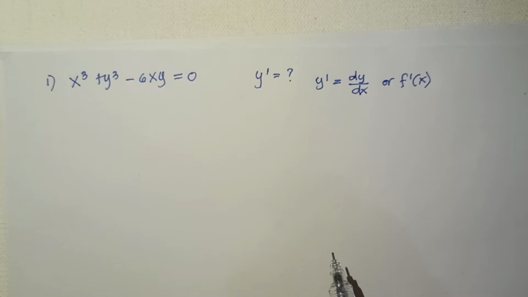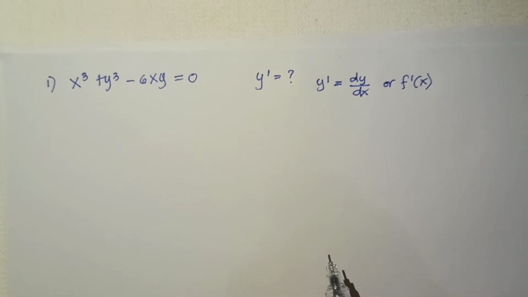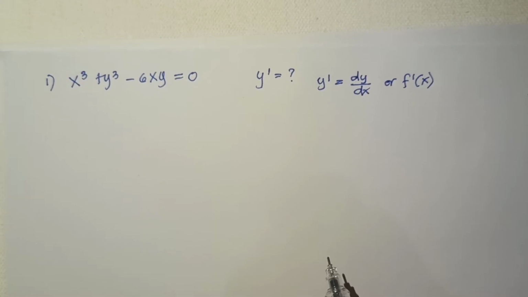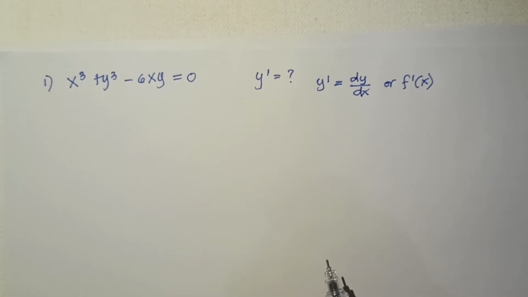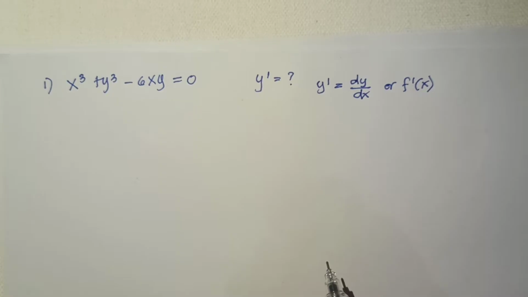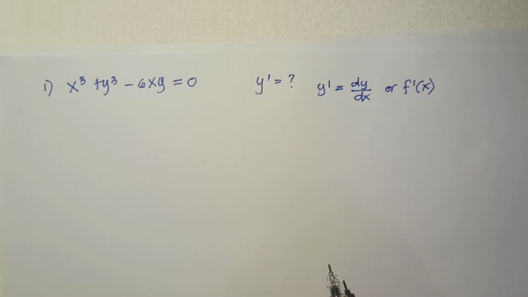So it's the same notation. Again, to differentiate a term of y, we need to multiply it by dy over dx, with respect to x, or y prime.